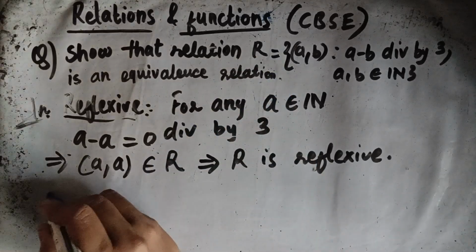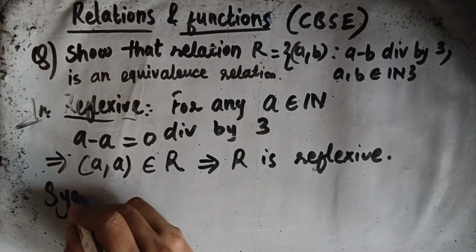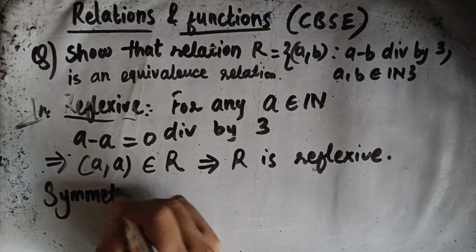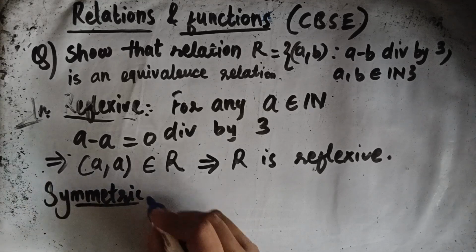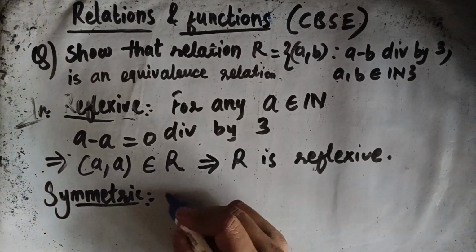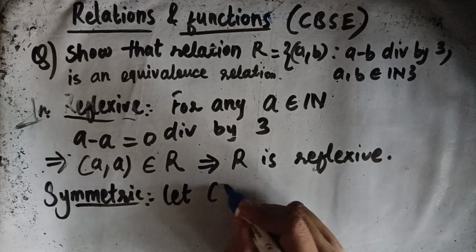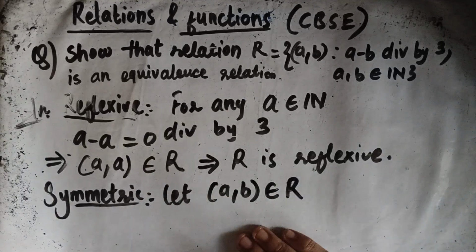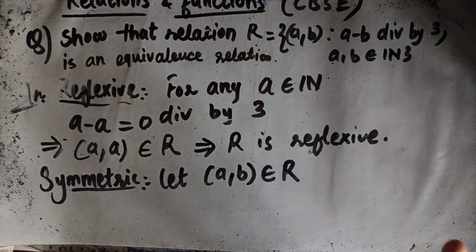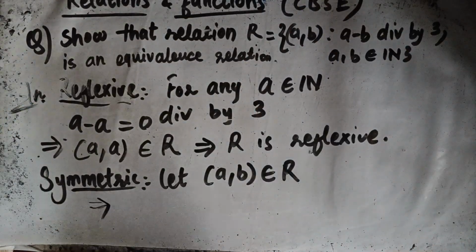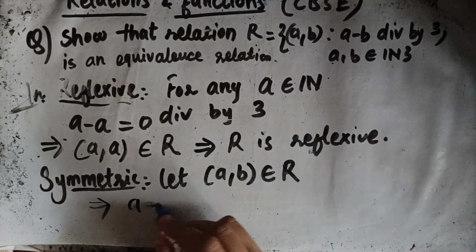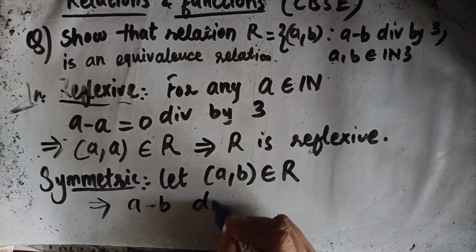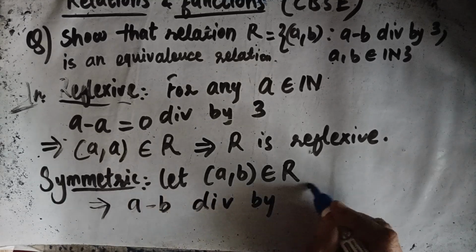Secondly, you have to prove symmetric. For symmetric, take one element, let's say (a, b) belonging to R. That is, we are taking one element from relation set. According to definition, we get a minus b is divisible by 3.